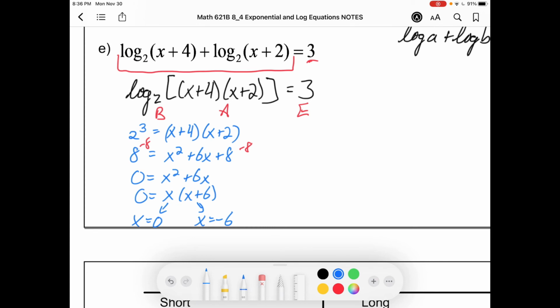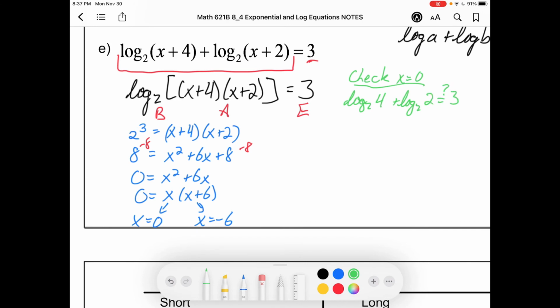Now, you're not allowed to take the log of 0, but that's not what the issue is. The question is, if you put in 0 for x, will it cause problems for you? So let's check x equals 0. It would be the log base 2 of 0 plus 4 is 4, plus the log base 2 of 0 plus 2 is 2.